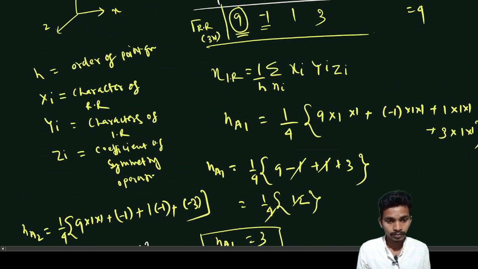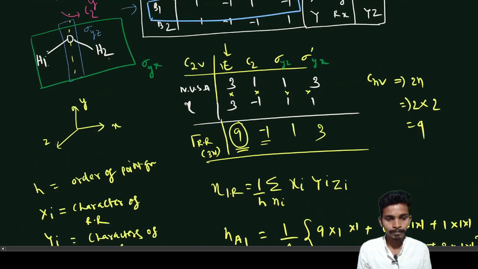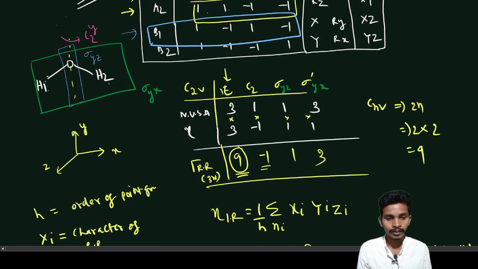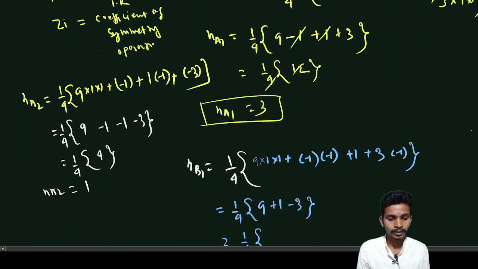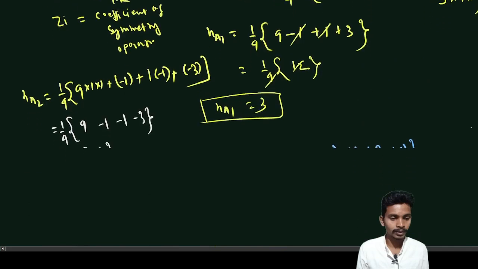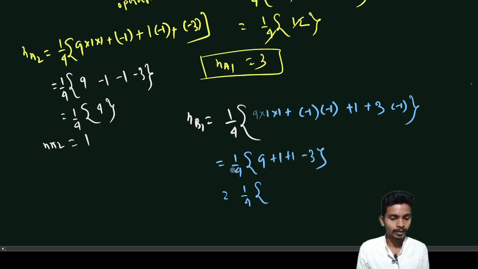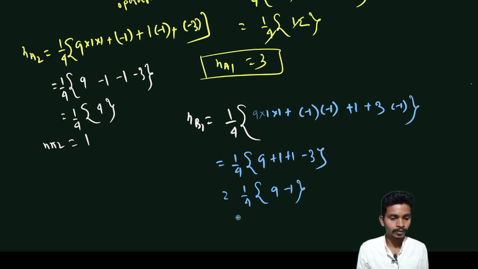Any wrong? 9, that is minus 1, and here also minus 1, then this is the 1, and oh, one value we forgot, then other 1 is also there. So yes, plus 1. After that this is minus 3, because 4 characters are there, right? And 9, that is minus 1. So this is 8, that is equal to 2.